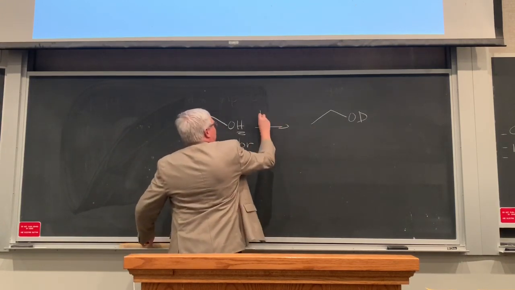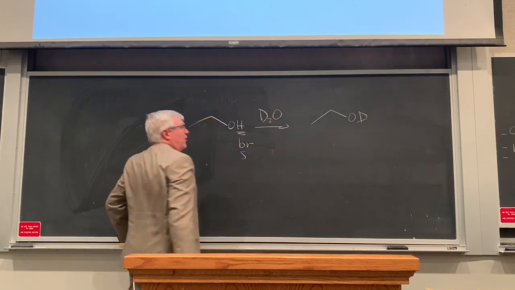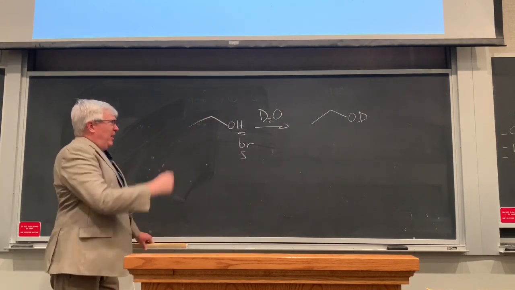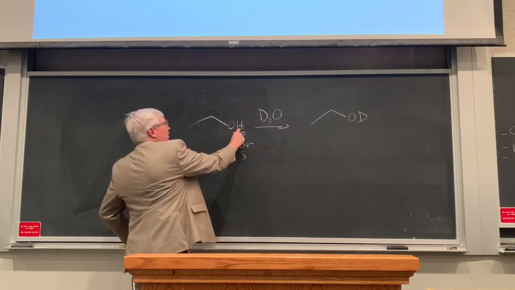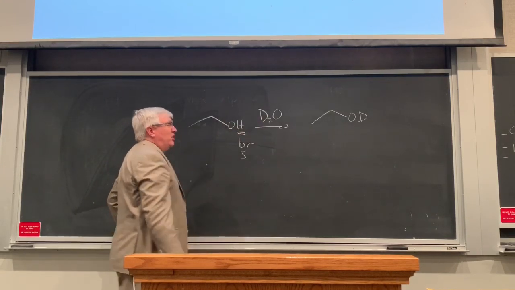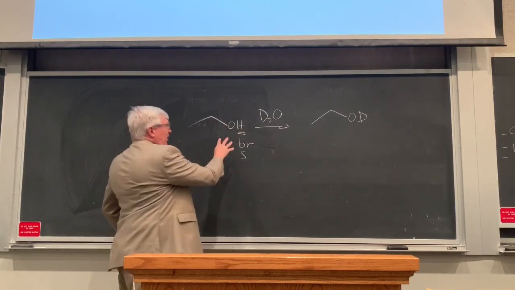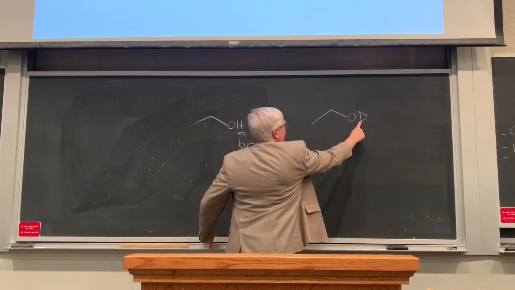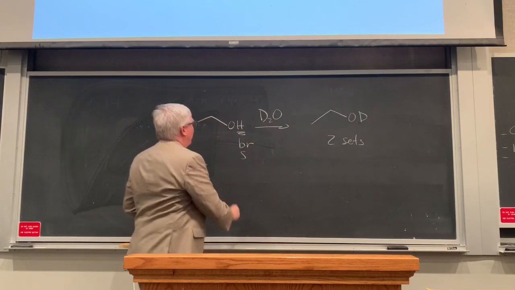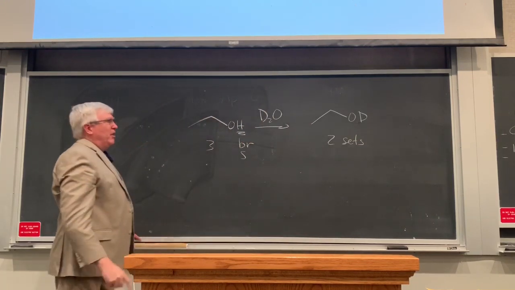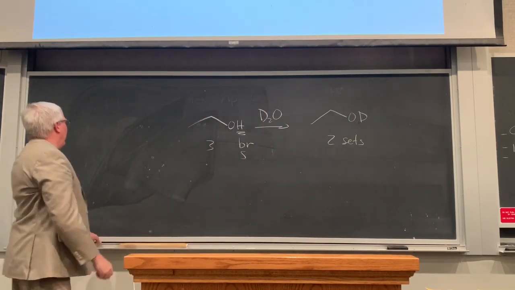If you shake this with D2O, which is deuterated water, with a big excess of that heavy water, these are hydrogen bond exchangeable. And so you re-isolate the alcohol, and now you just see the two sets in the NMR, where here we saw the three. So you can often tell if you've got an alcohol.